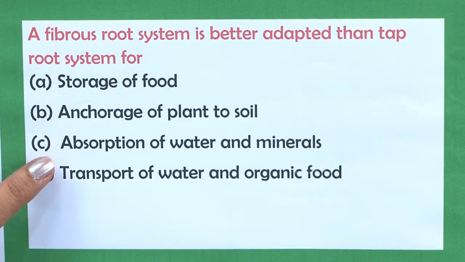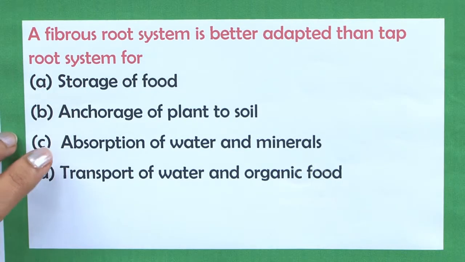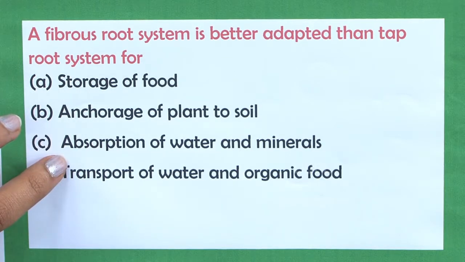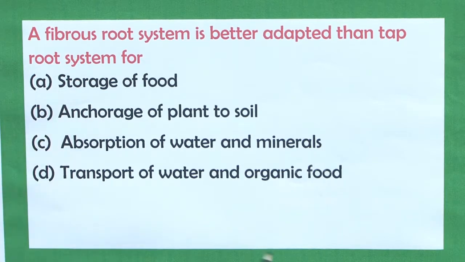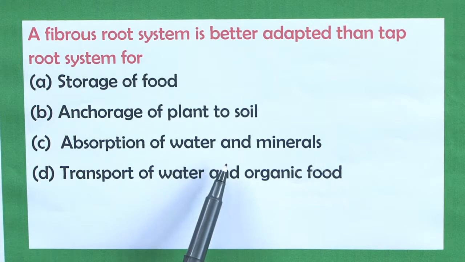Absorption of water and minerals is mainly done by the taproot system when compared to the fibrous root system. So, option C cannot be an appropriate answer. And coming to the option D, transport of water and organic food. When there is no absorption of water and minerals in the fibrous root, there is no question of transport of water and organic food, meaning taproot system is better adapted for the absorption of water and minerals.